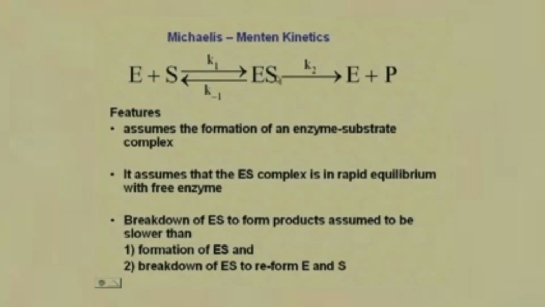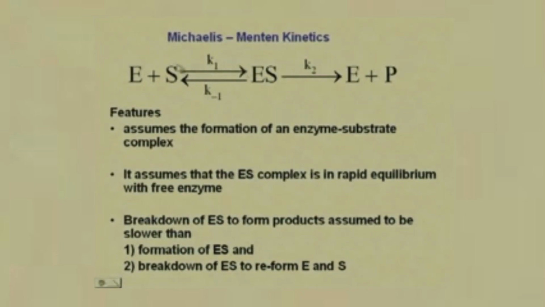So, what are the features of these? The features of kinetics considered by Michaelis-Menten is that the formation of an enzyme substrate complex occurs. It assumes that this enzyme substrate complex is in rapid equilibrium with the free enzyme.